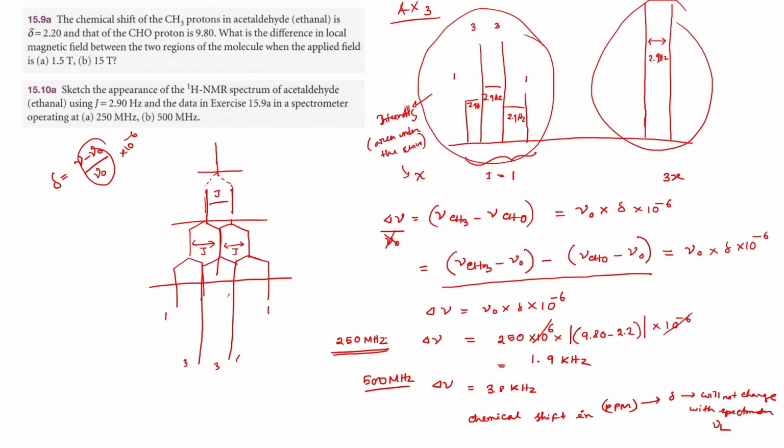What will happen if you increase the Larmor frequency or the spectrometer frequency is that the first order spectrum will be much more resolved. If it was a multiplet, you may see a proper splitting and what coupling is happening. So the coupling will not change and the delta will not change, but the spectra will be much more resolved if you increase the nu L.